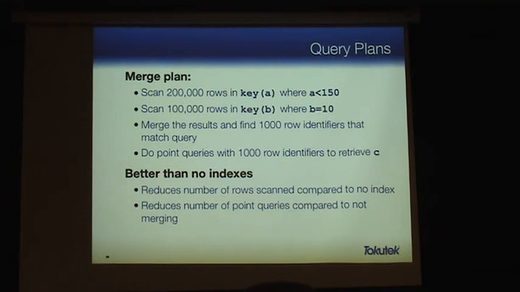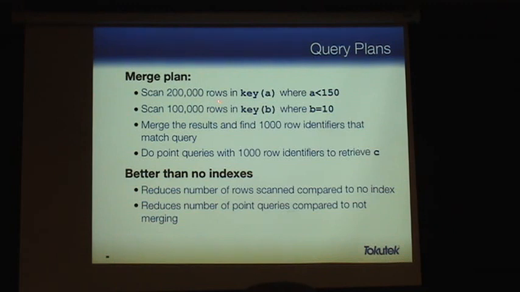So what the merge plan does, as far as the amount of data that you're analyzing, is it doesn't really reduce it. It alters the cost of the data that you're analyzing, and makes a lot more of it sequentially accessed, and much less of it randomly accessed.